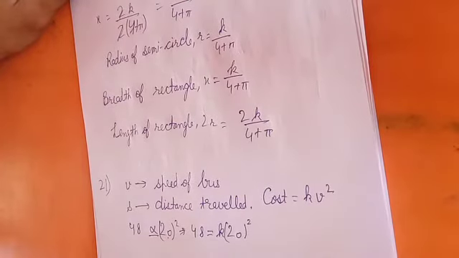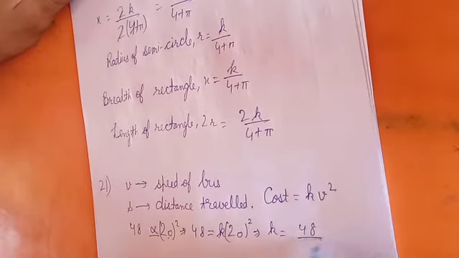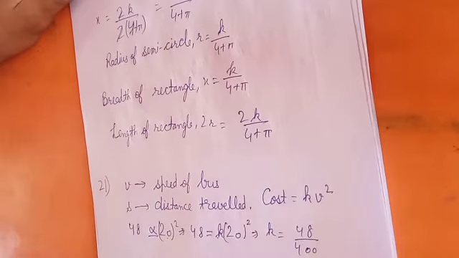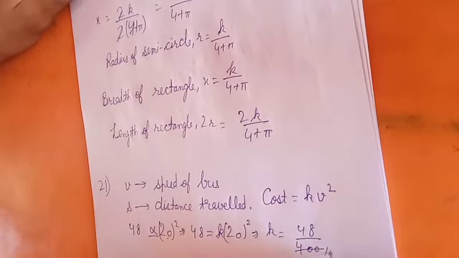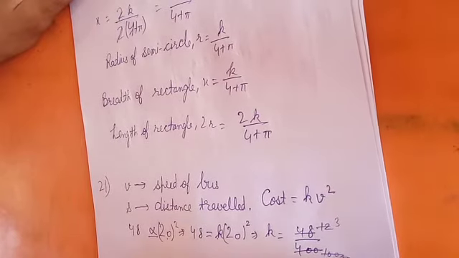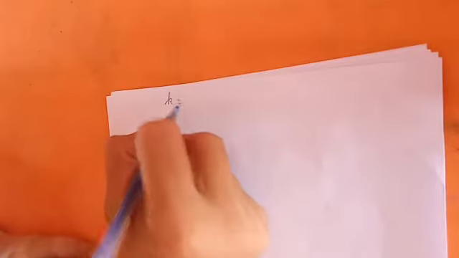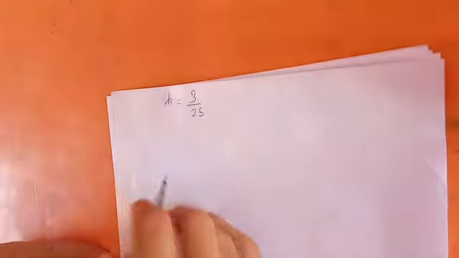Okay, similarly from here we can get the value of k. So k will be equal to 48 by 400. It will be 12 by 100, 3 by 25. So we get from here that the value of k will be 3 by 25.